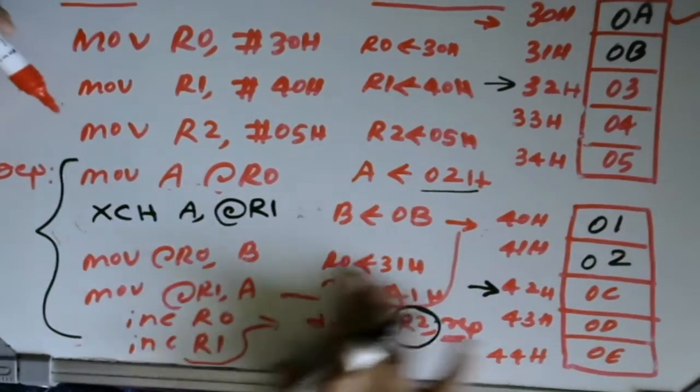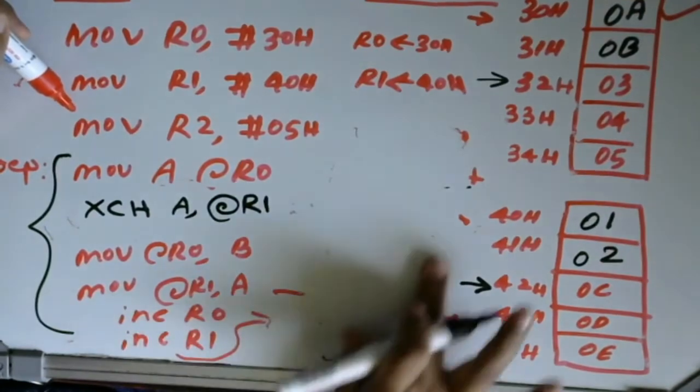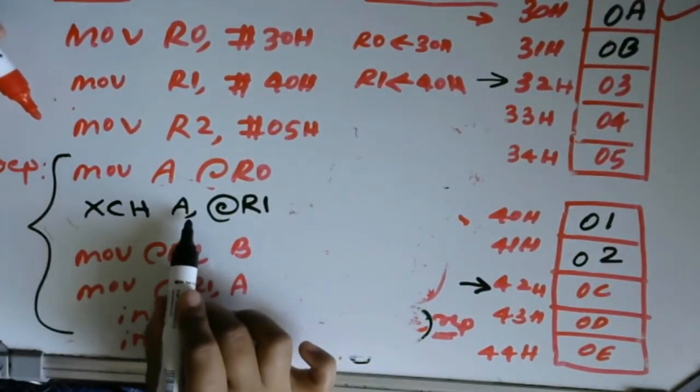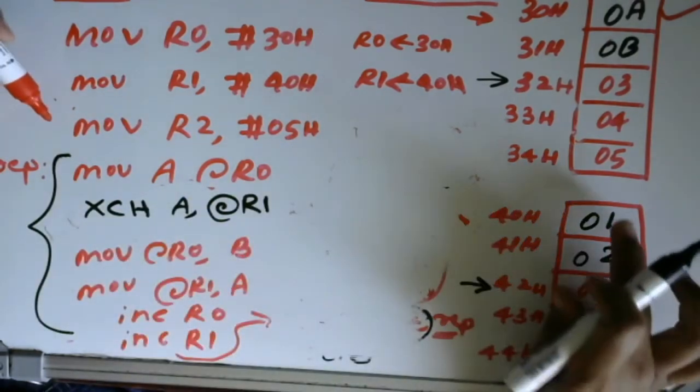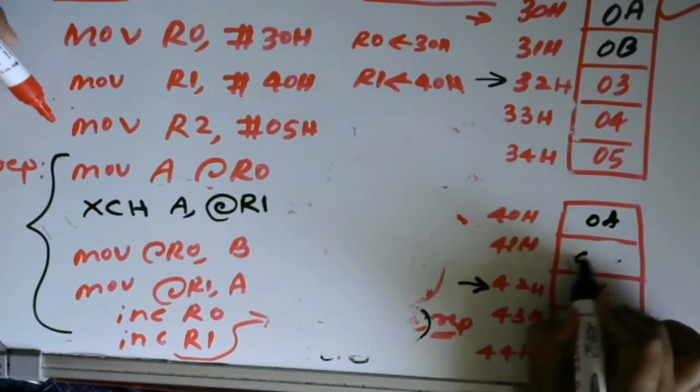So what happens here? After execution of this instruction, whatever is there in R1, that is earlier we had 0A, right? And then it was 0B.